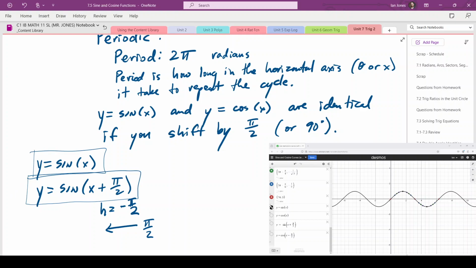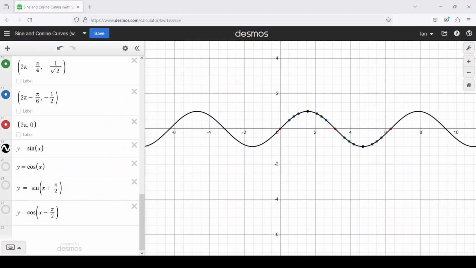Okay, so now if we take a look, when I shift this to the left by pi over 2, I get that. You can see every single point. If we take 0, 0, you can see that it's been shifted left by pi over 2. Pi over 2 is, well, 3.14 divided by 2, so it's about 1.6-ish, 1.5-ish, and you can see that's where it is. If you take the max, the black point, and you shift it to the left pi over 2, we get to 0.